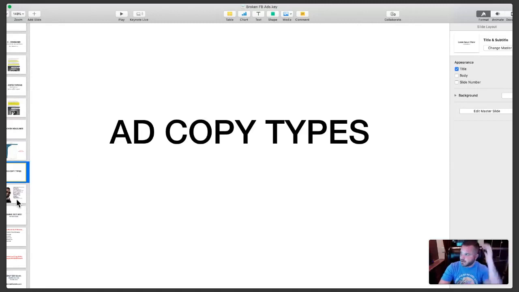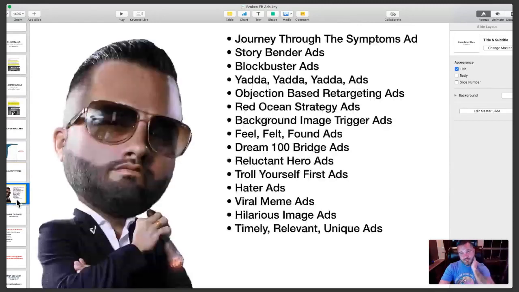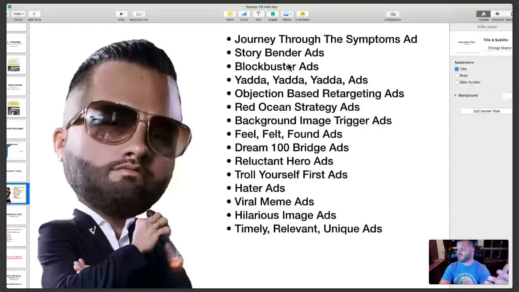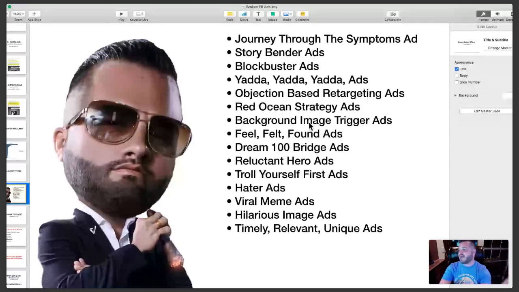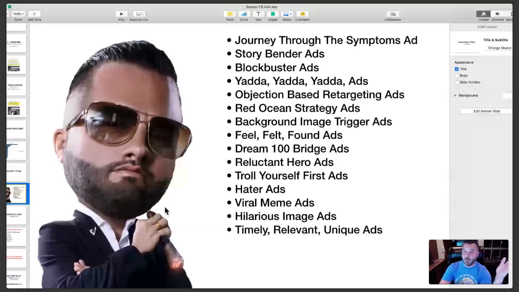There's the journey through the symptoms ad, story bender ads, blockbuster ads, yada yada yada ads, objection-based retargeting ads, red ocean strategy ads, background image trigger ads, feel, felt, found ads, dream 100 bridge ads, reluctant hero ads, troll yourself first ads, hater ads, viral meme ads, hilarious image ads, timely, relevant, unique ads, and it goes on and on and on. So this is a lot, right? It's literally like taking a copywriting course.